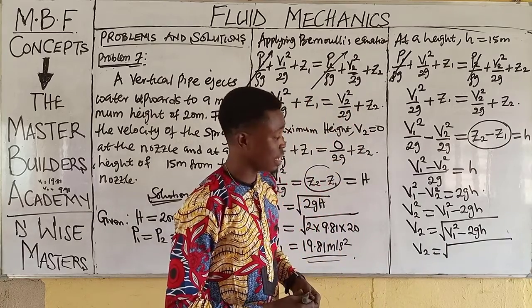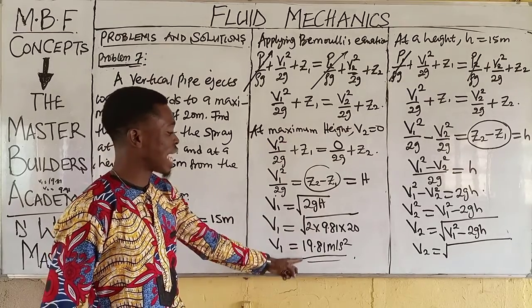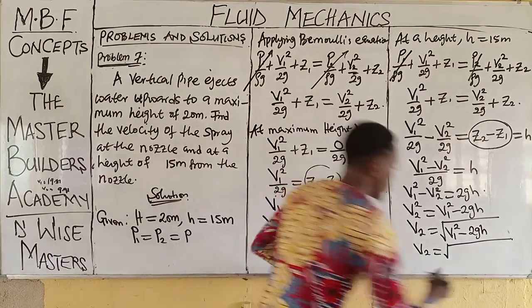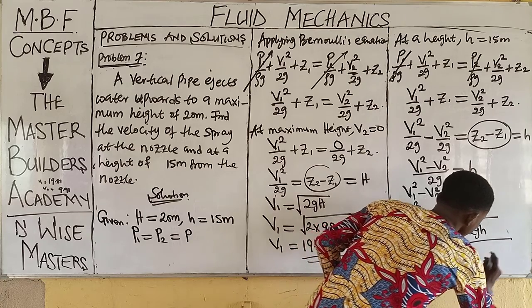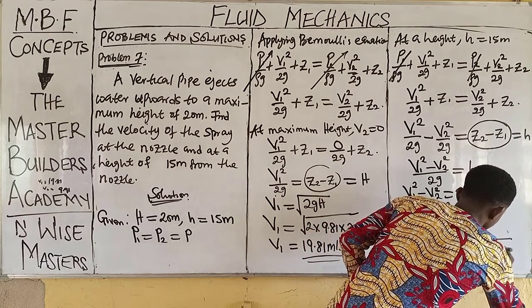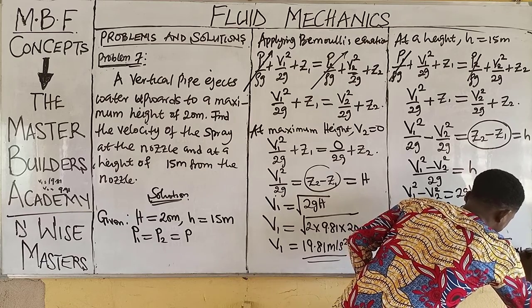What is v1? Now guys, v1 has been obtained to be 19.81. So we put in 19.81, then minus 2 multiplied by 9.81 multiplied by 15.